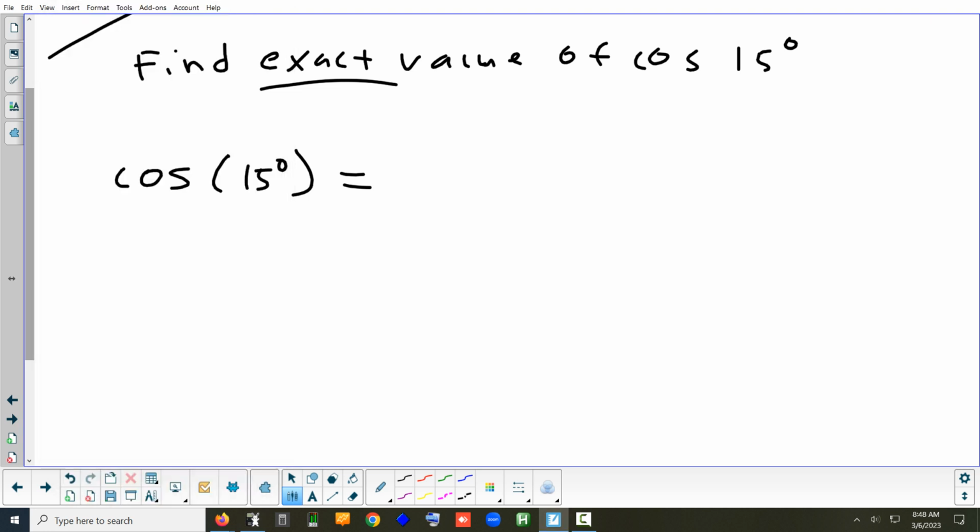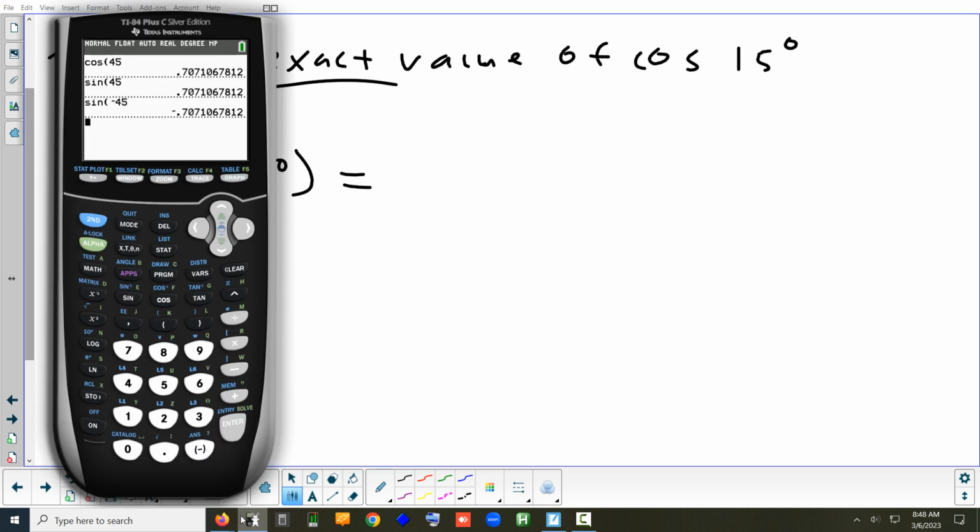Does anybody remember, 0.707 involves a square root? When we talked about special right triangles, we had two square roots that came up a lot. Does anybody remember what 0.707 has something to do with? Square root 2 over 2. Yes, 0.707 is the square root of 2 over 2.